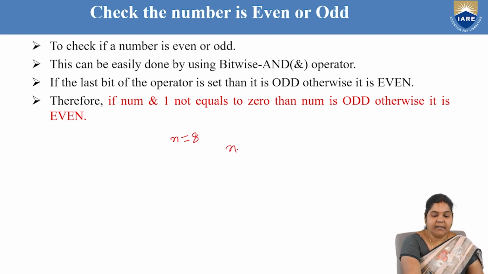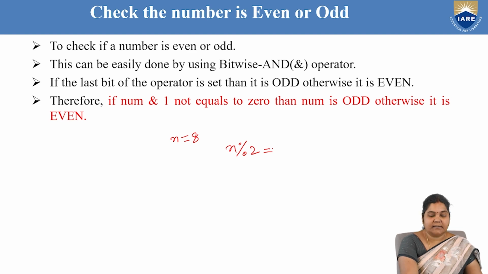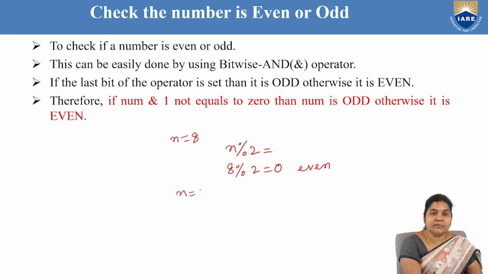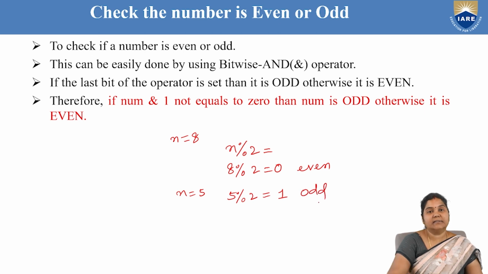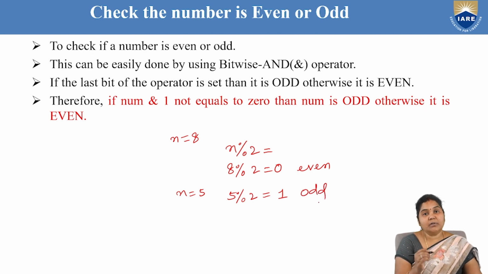If the number is 8, 8 modulus 2 gives you 0, so the number is even. Suppose I take n equal to 5, 5 modulus 2 will give me the remainder as 1. So you understand that it is an odd number. So modulus is a very popular operator to check whether a number is even or odd.